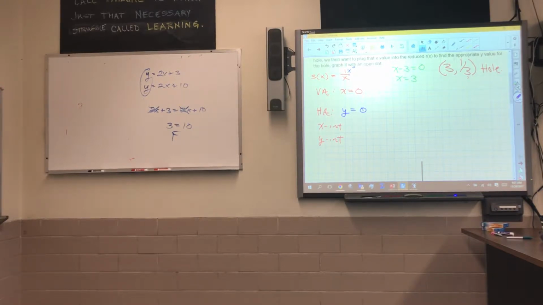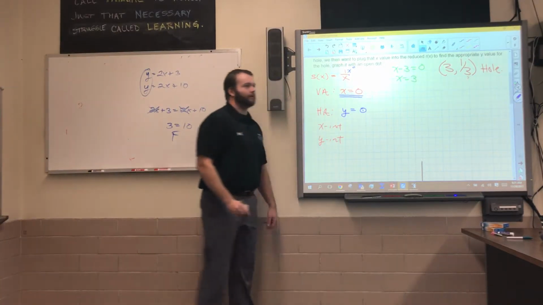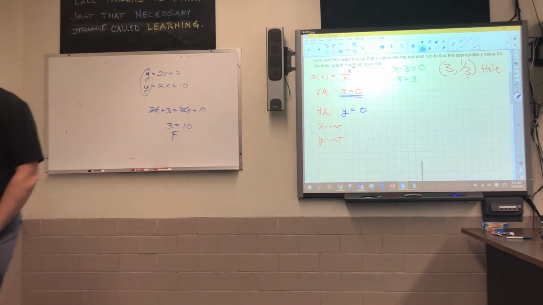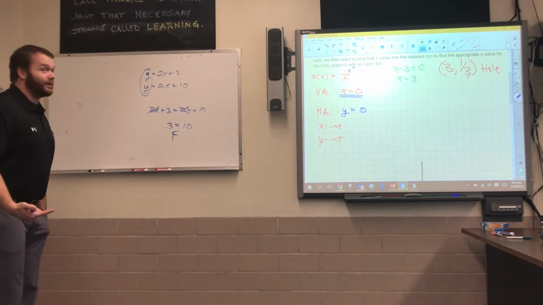But what I want you guys to start trying to force yourself to do is when you get information, when you get a result, think about what that result is telling you. When I get a vertical asymptote at x equals 0, there's a lot of information hidden behind that. And what I mean by that is x equals 0 is what axis? It's the y-axis, right?